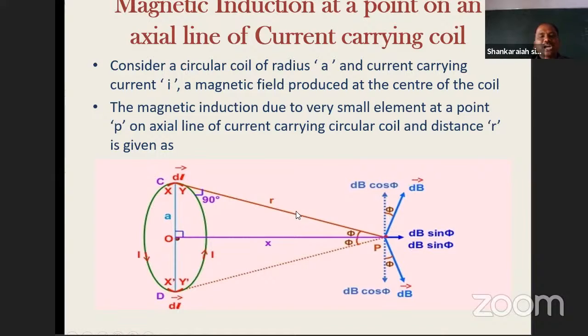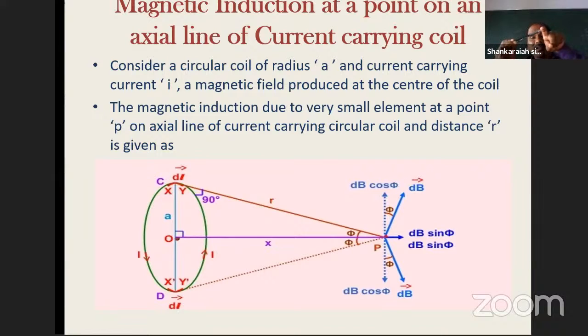The element dl and r are perpendicular to each other. Normal means perpendicular.